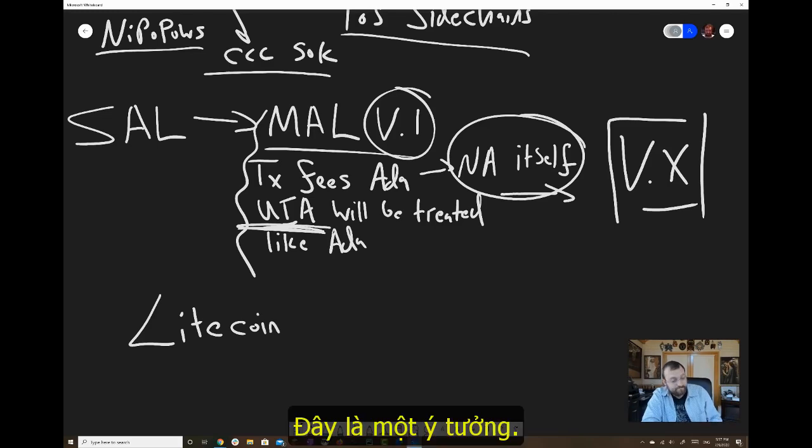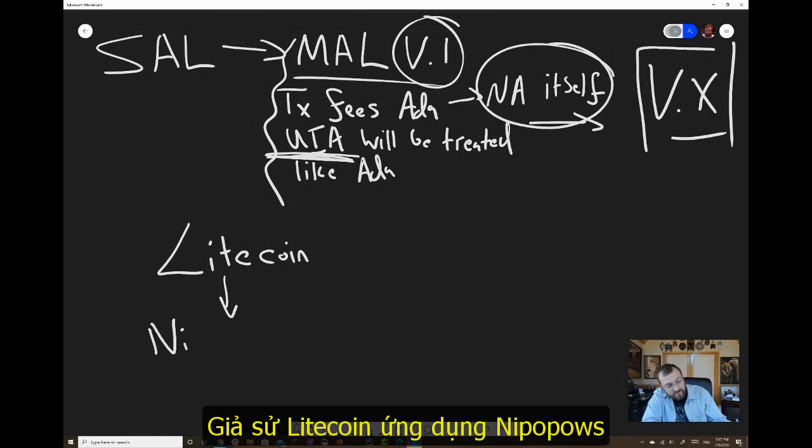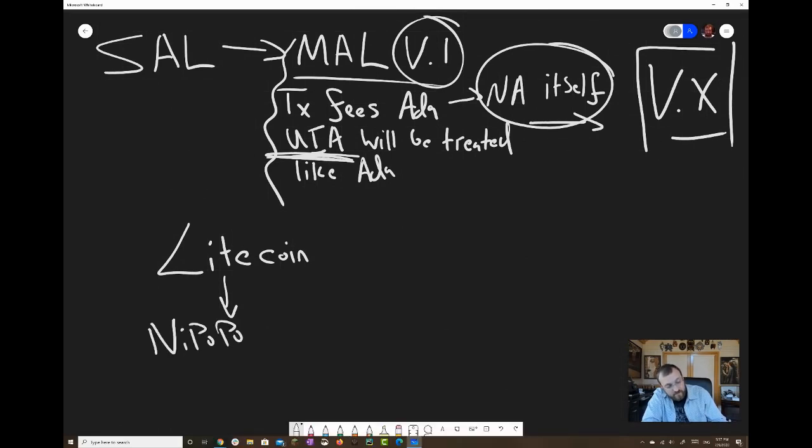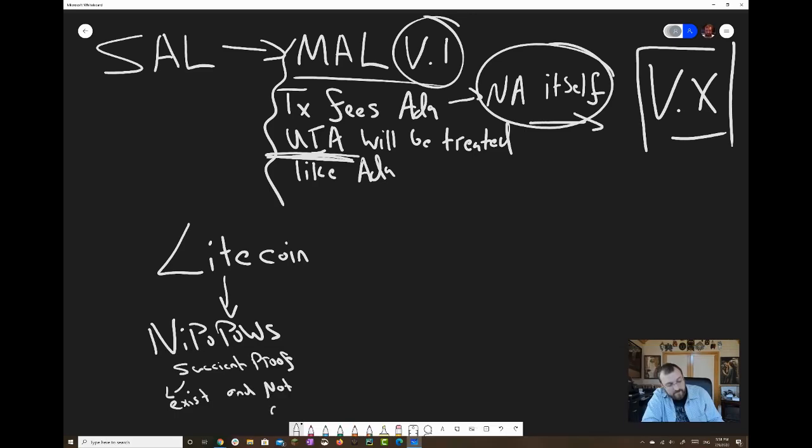Well, here's an idea. Let's say that Litecoin implements one of our ideas, NiPoPoWs. And basically what this does is it gives us a succinct proof of two things. Coins exist and not double spent. Okay. What does that mean?